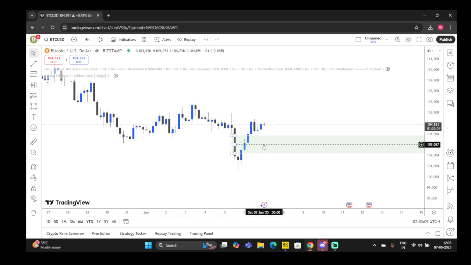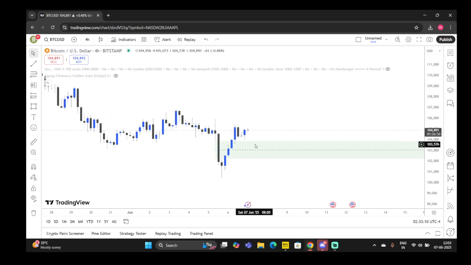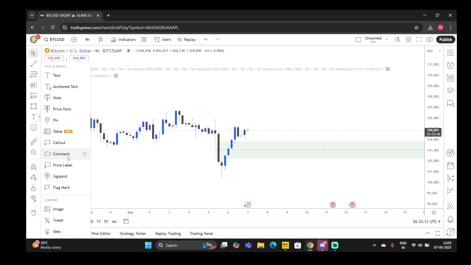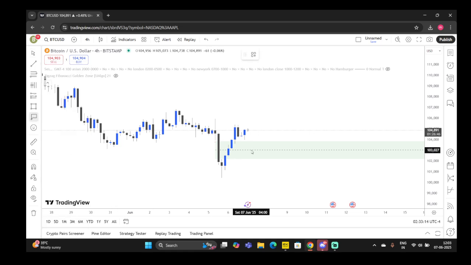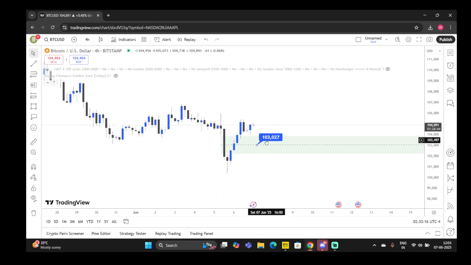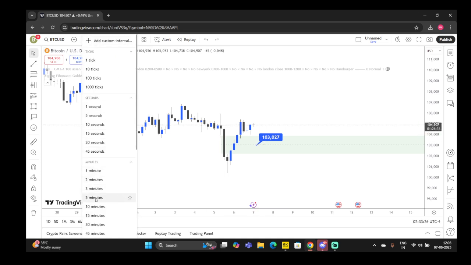So now this will become a support for Bitcoin. The mean is at 103.27. So this will be the very support area.